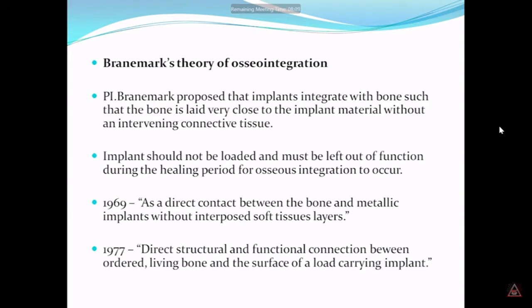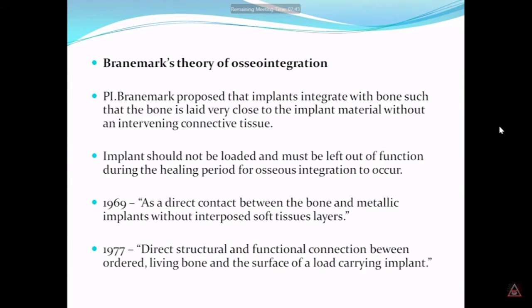It's like ankylosis. And according to him, implants should not be loaded. I have shown you my cases where immediate loading was done on the same day or next day, but according to him, implants should not be loaded.